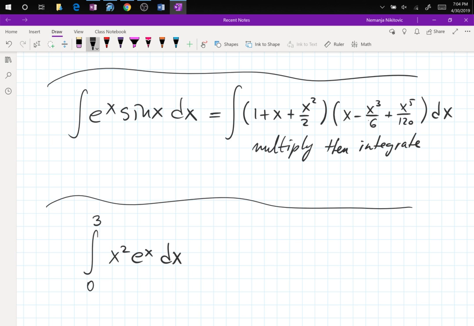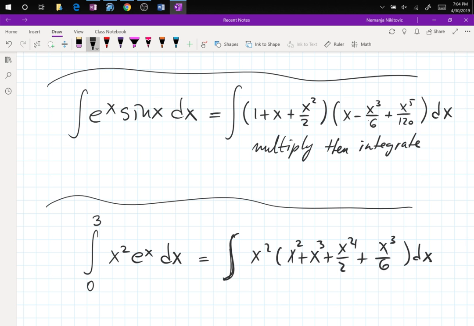You're going to say, oh, I know the power series for e to the x, and this is just multiplying x squared, it's going to be a joke. So I'm just going to replace e to the x with its power series and do x squared times 1 plus x plus x squared over 2 plus x cubed over 6 dx, and now distribute my x squared. That makes a square, a cube, a fourth, and a 5 over here.